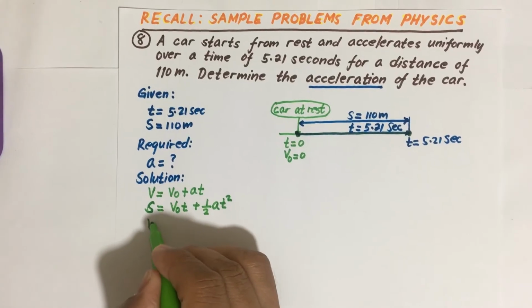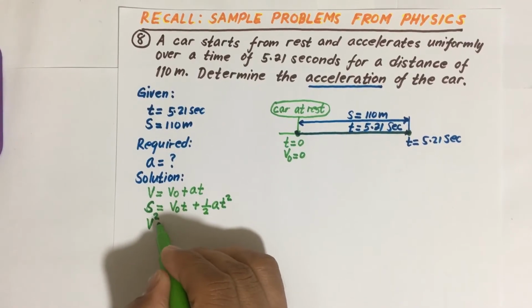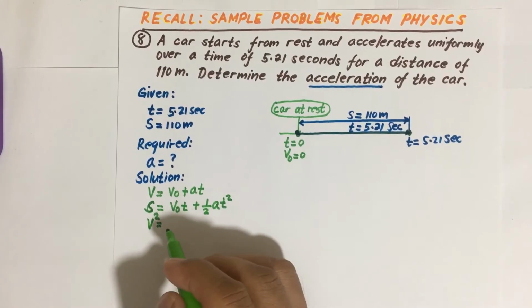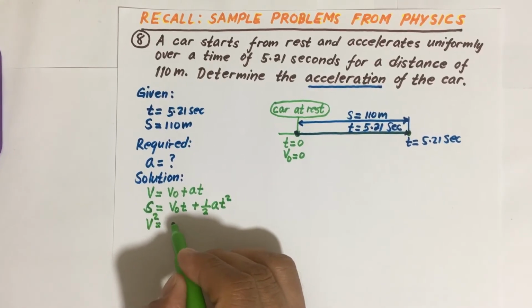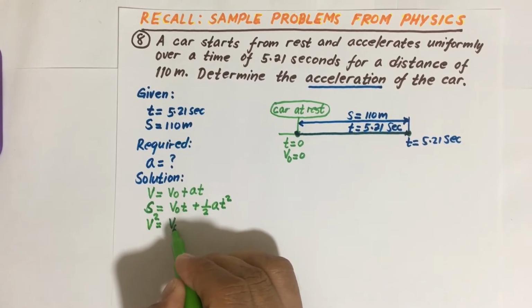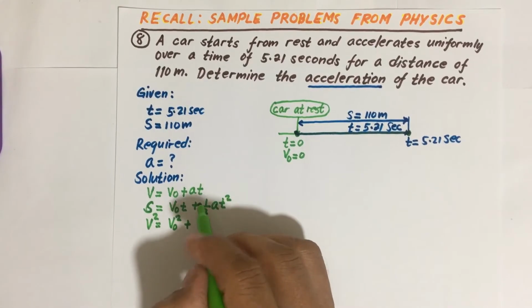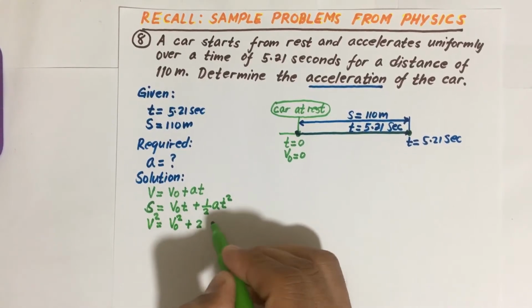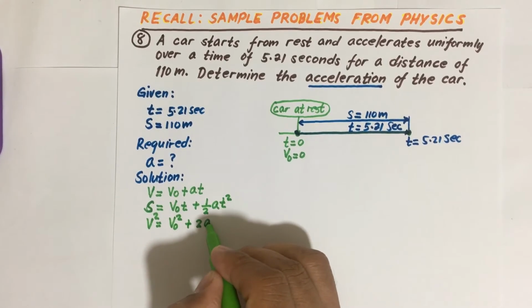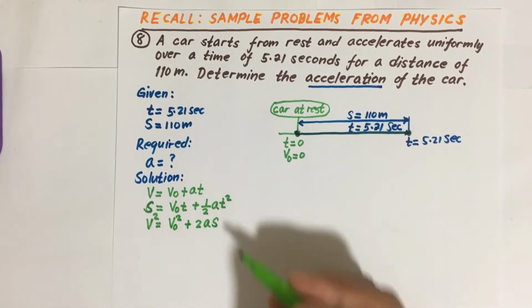And the third one, square of the velocity at any given instant of time equal to the square of the initial velocity plus twice the product of the acceleration and the displacement.